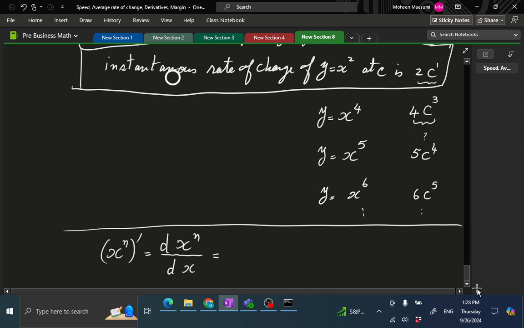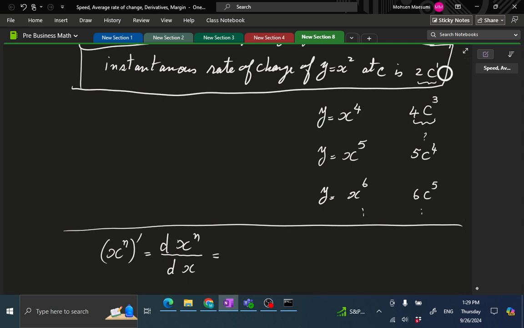This is capturing whatever we are doing here, and the result, instead of focusing on some arbitrary point C, instead of dragging one more variable into our problem, we just report it at the point x itself. So if I'm doing it at x, this is going to be 2x, this is going to be 4x cubed, it's going to be 5x to the power of 4, and so on.